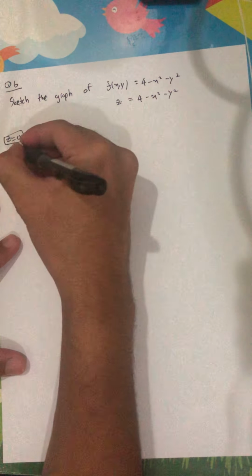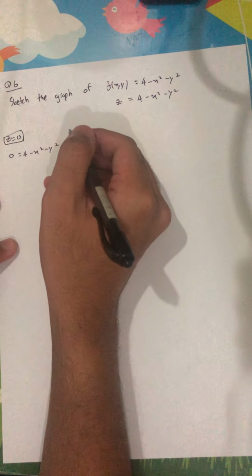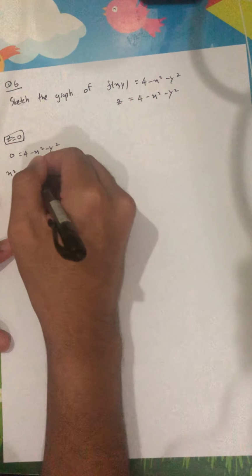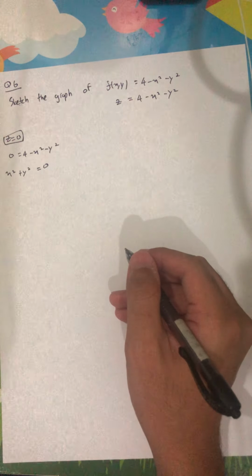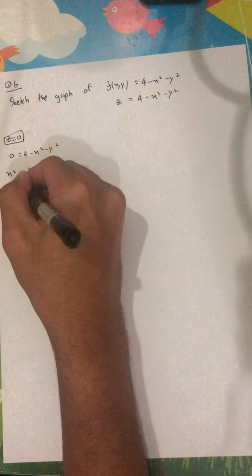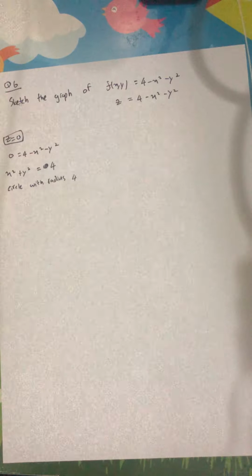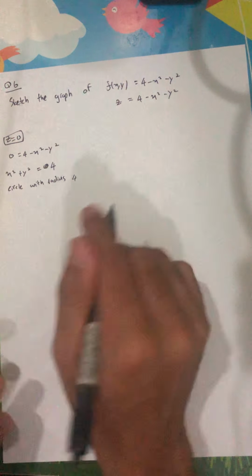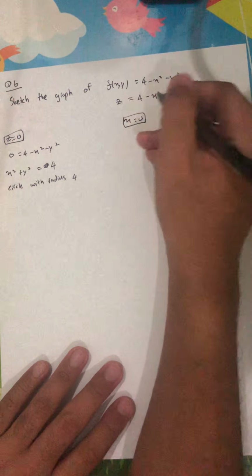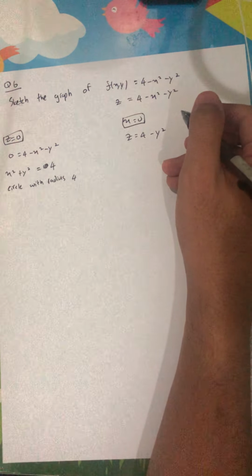So at z equal to 0, we have 0 equal to 4 minus x squared minus y squared. If you rearrange this, you will have x squared plus y squared equal to 4. So basically this is a circle with radius, so let's accept this first. We'll look at x equal to 0. When x equal to 0, z equal to 4 minus y squared, right?